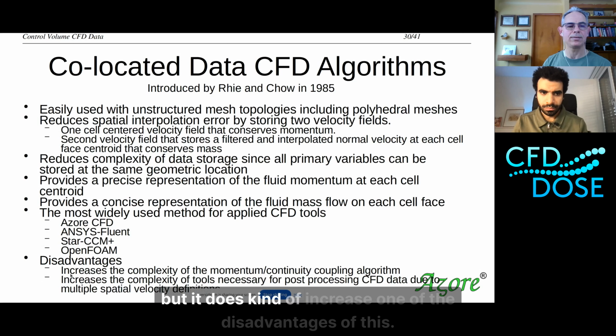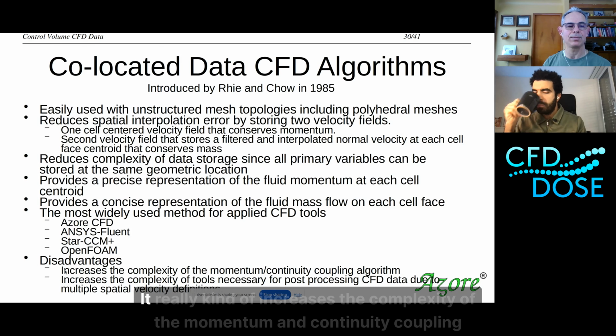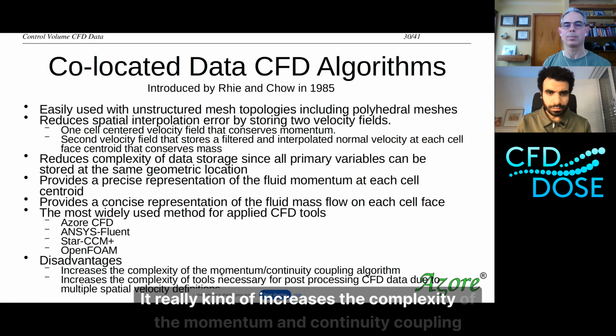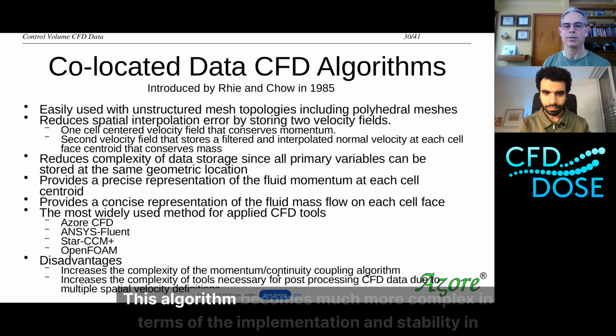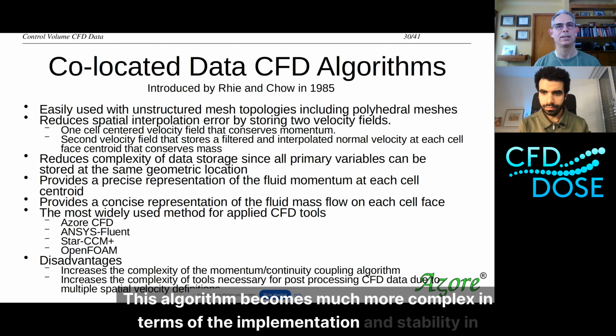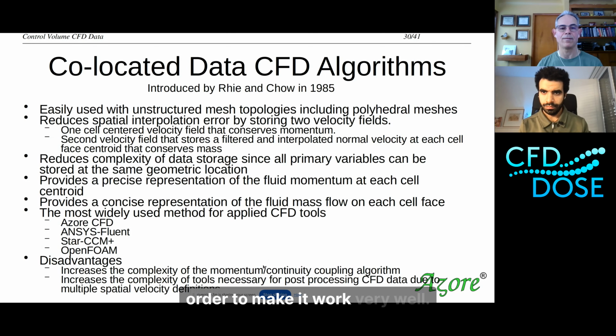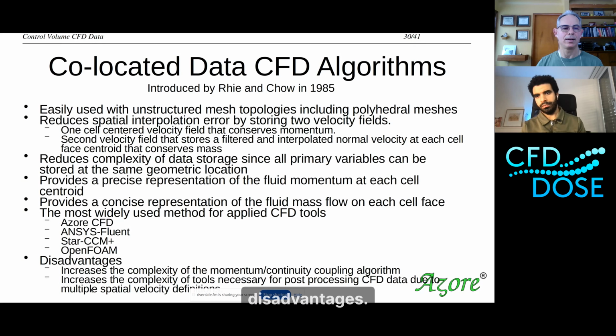But one of the main disadvantages is that it really increases the complexity of the momentum and continuity coupling algorithm. This algorithm becomes much more complex in terms of the implementation and stability in order to make it work very well. So that is one of the disadvantages.